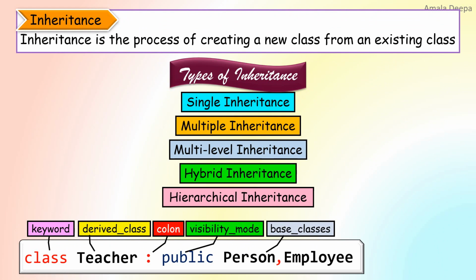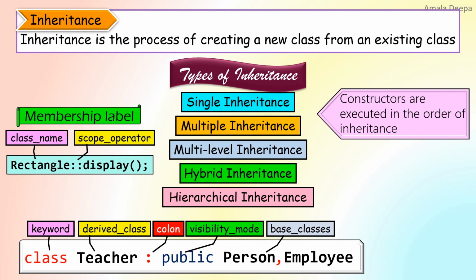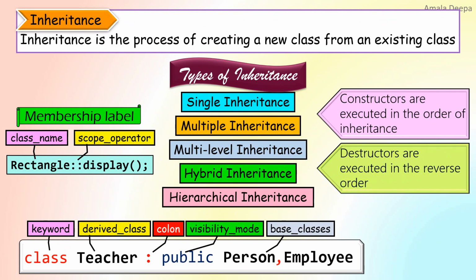When a member function in the base class and the derived class have the same name, then to invoke the member function of the base class, you have to use the membership label in front of the function call. Constructors are executed in the order of inheritance and destructors are executed in the reverse order.